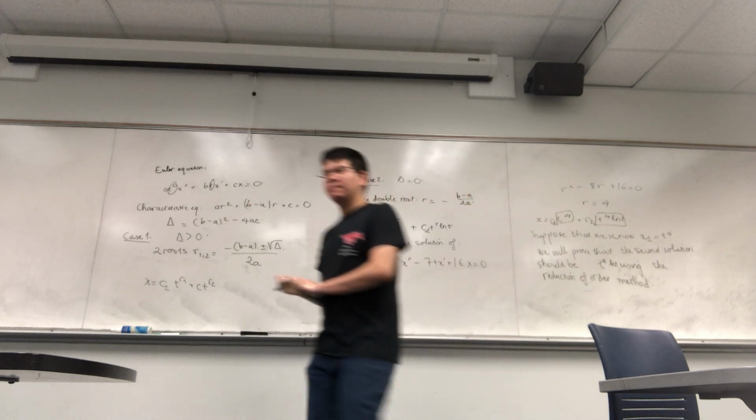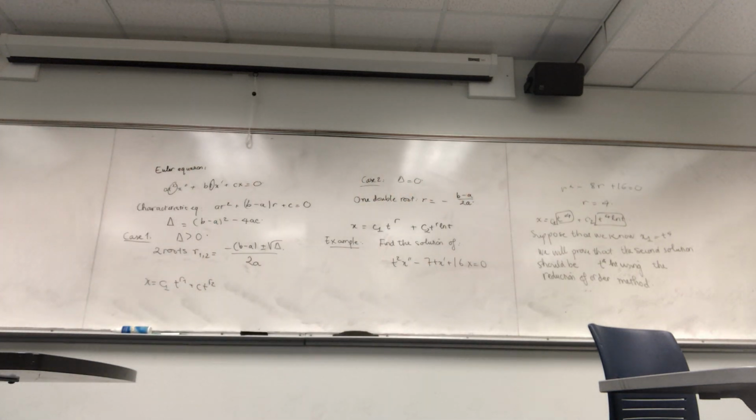All right. So now, if you find the first solution, which is given by t to the 4, I will have to show that the second solution is of the type t to the 4 times log t, right? And the method that I use will be the reduction of order method.